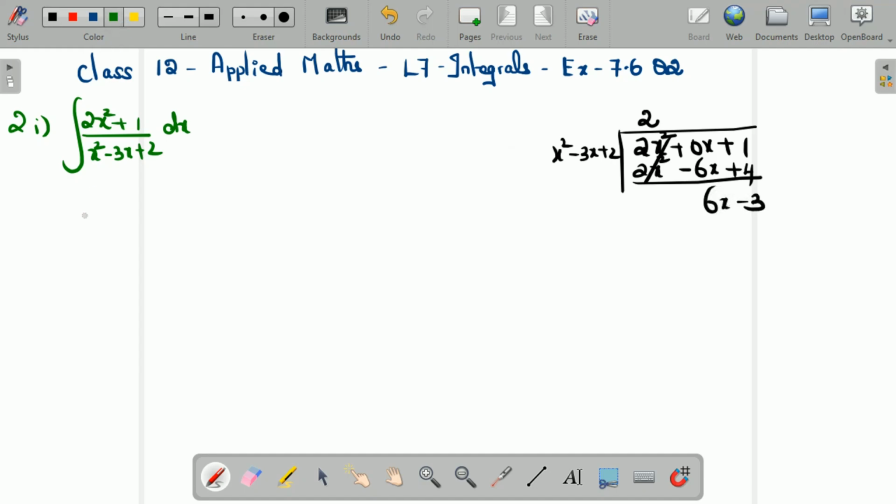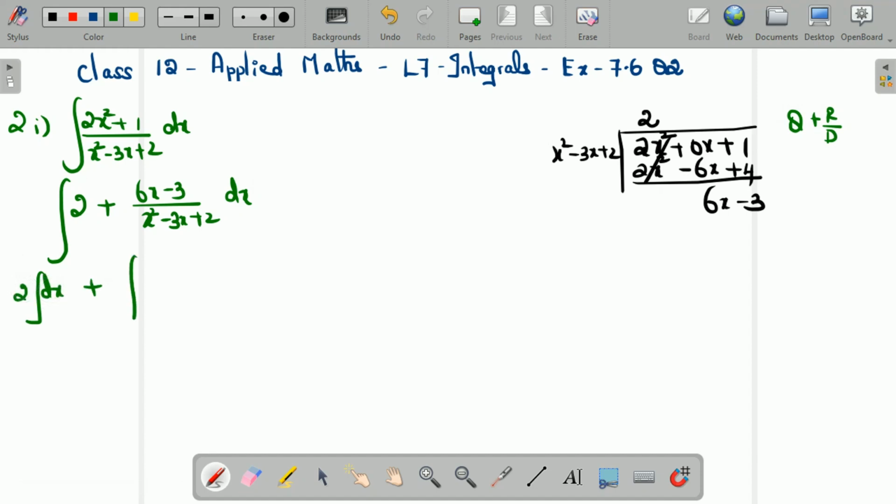Now the fraction can be rewritten as integral of 2 plus (6x minus 3) divided by (x squared minus 3x plus 2) dx. I'm using the quotient plus remainder by divisor format to rewrite this fraction. Now let's break the integration. So this is 2 into integral dx plus integral of (6x minus 3) by (x squared minus 3x plus 2) dx.